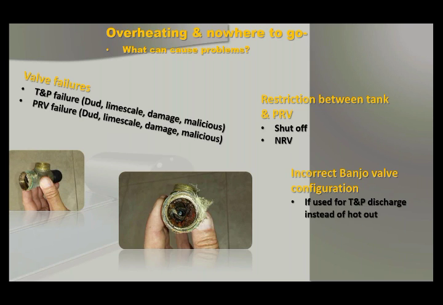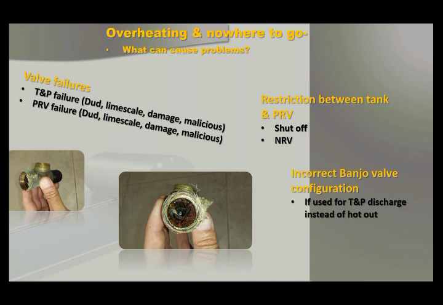Because in the event that it does start calcifying and limescale does start occurring within there, because now you've got it in an, in inverted commas, invisible part of the system. You've got a TP discharge, which should never really discharge, and then you've got a flow return coming in there. When that starts to calcify up and the flow rate starts to slow down and the whole system starts to stagnate, you don't know that it's stagnating, number one, and number two, you don't know that that stagnation is actually restricting the function of your TP valve.